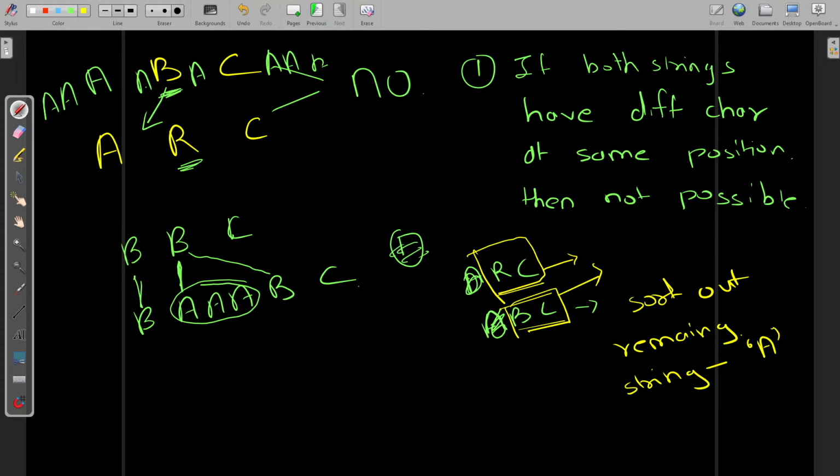But for now, we are focusing on whether it is actually possible or not. By drawing on these test cases, we could see that if after removing all the A's from the first and second string the strings are still equal, then it is possible. But if the strings are not equal after removing all the A's, then it is not possible. And that is the first part of our solution.